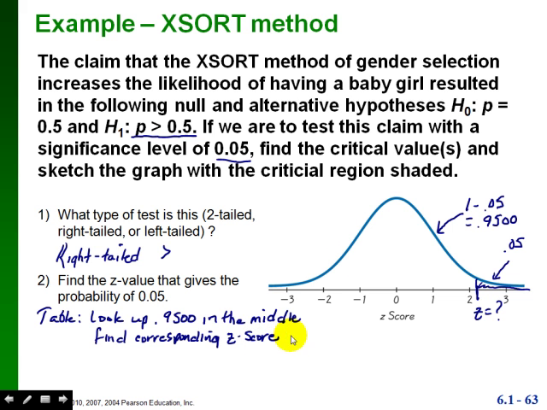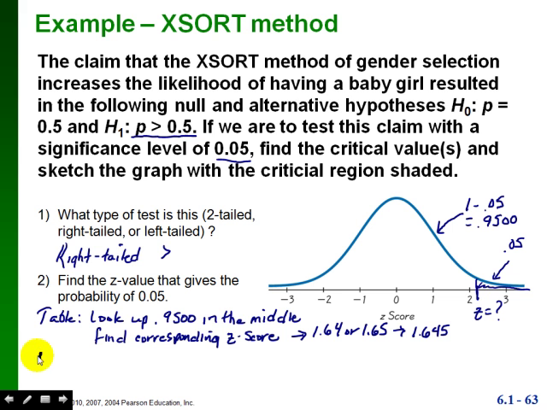And in your table, you're going to get something that looks like either 1.64 or 1.65, because it's actually exactly halfway between those two. And if you'll notice, I think the table in your book has a little arrow that tells you to go exactly halfway between those two. So you could actually use any of these three values.